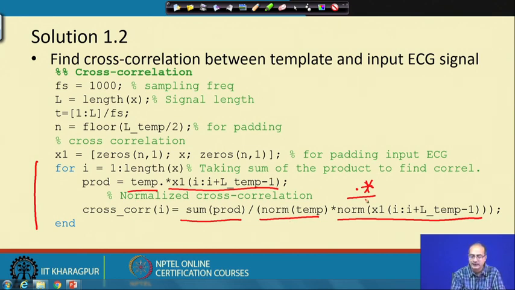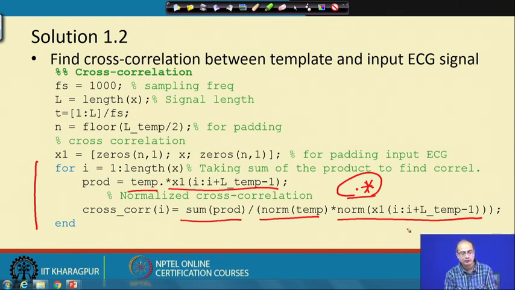It is first taking, again, the dot product, that means temp dot star temp, then we take the sum of it and then we take the square root of it and we get the norm of temp. Okay. The same thing we are doing for that segment of the signal which is of the same length as the template.